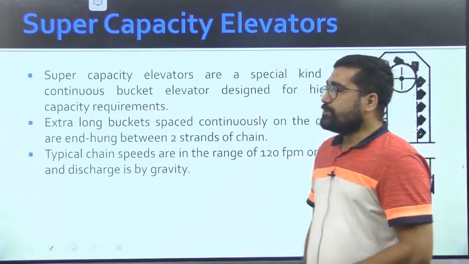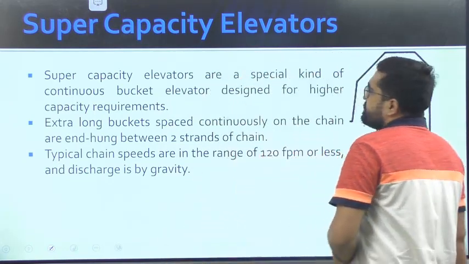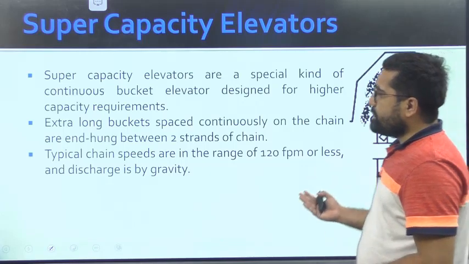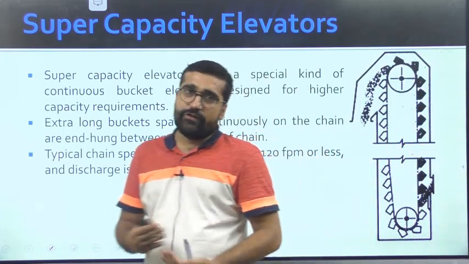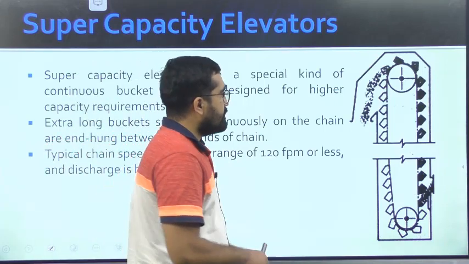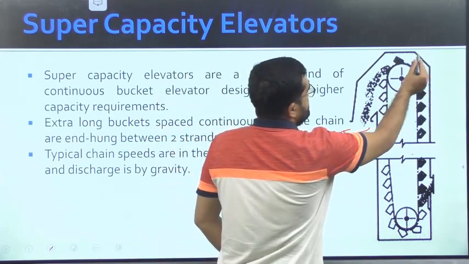Coming to the next slide, it is about super capacity elevators. This is another type of continuous bucket elevator, but here we are using centrifugal force for discharge. So instead of only gravitational force, we are using centrifugal force.